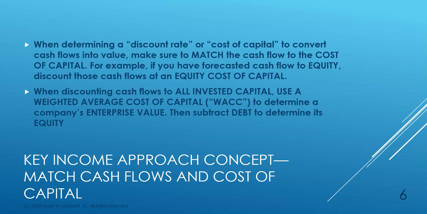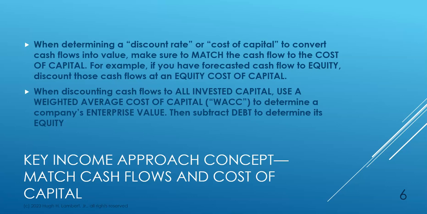If we have cash flow to all invested capital, which means a cash flow that would be going to both the debt holders and the equity holders, then we would want to use what's called a weighted average cost of capital, commonly referred to as a WACC, W-A-C-C, to determine the company's enterprise value, which is the value of both its debt and equity.